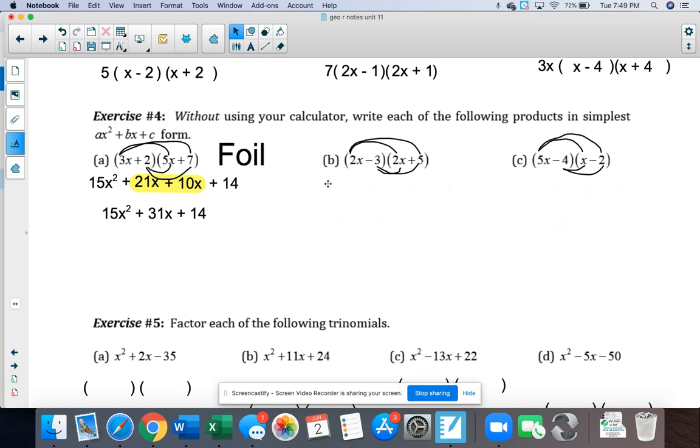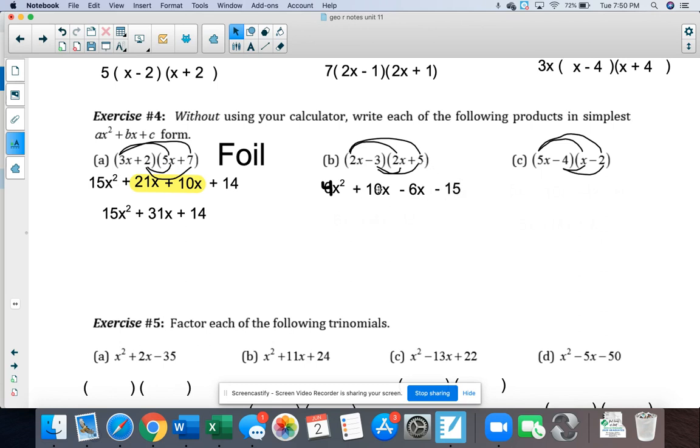2x times 2x is 4x. There was 6x squared. That should be 4x squared. So let me fix that. All right, so this is 4x squared. 2x times 5 is going to be 10x. Negative 3 times 2x is negative 6x. And negative 3 times 5 is negative 15.